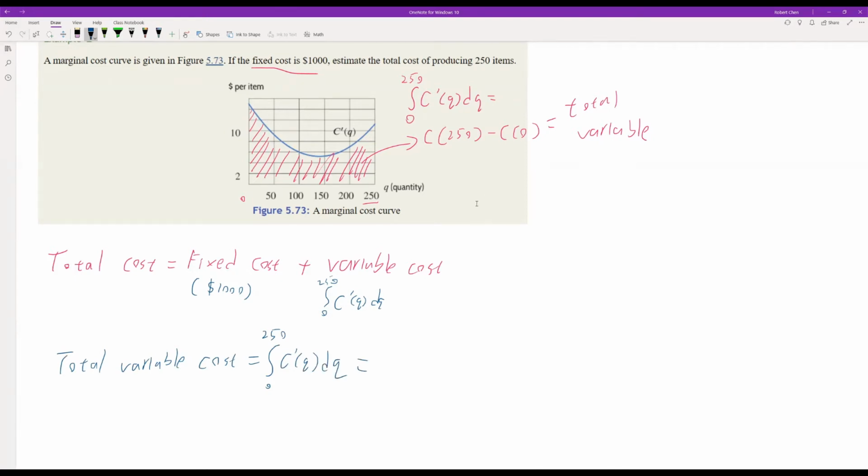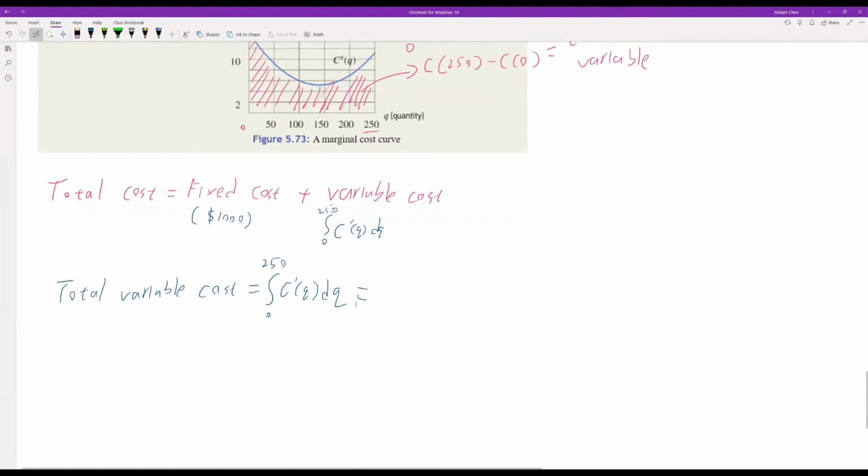And the area under the curve is about 20 grid boxes. Each grid box is 2 times 50, so this is 1 box, and we have about 20 of them.